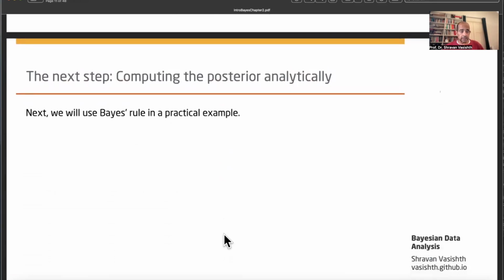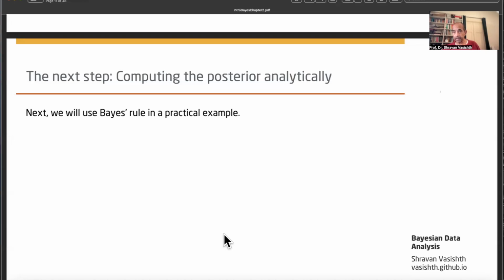All right, so the next thing we are going to do is use Bayes' rule in a simple analytical way so that we can actually derive a posterior distribution given some likelihood and given some prior on the parameter of interest. I'm going to work with the simplest example that we have already encountered earlier, the binomial distribution.